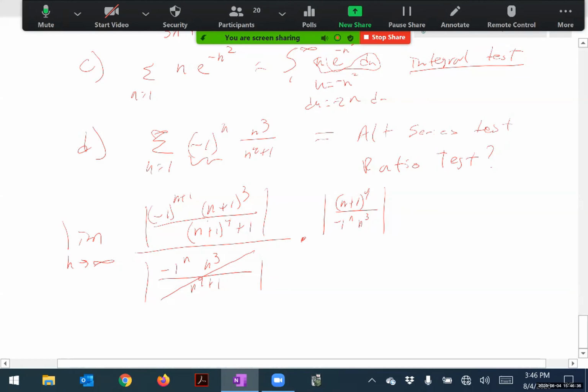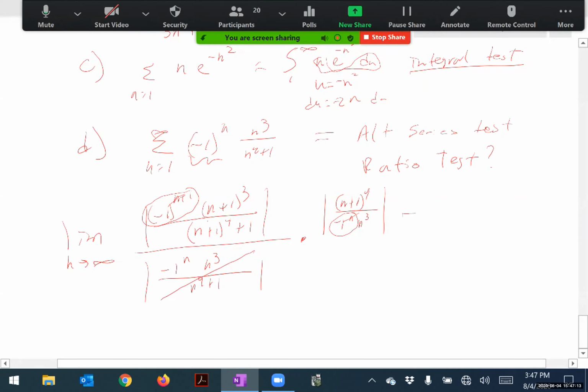I can drop the -1 here if I really want to, because the absolute value of -1 to any power is just 1. We can also see that this guy and this guy are going to cancel and just leave me one -1. So I'm just going to have -1 to the first power, which is just -1. And what's the absolute value of -1? It's just 1. So there you go.